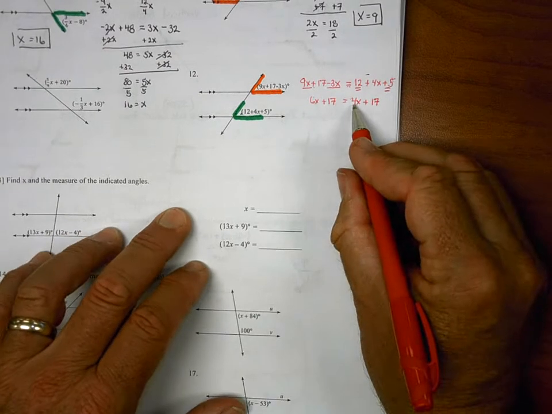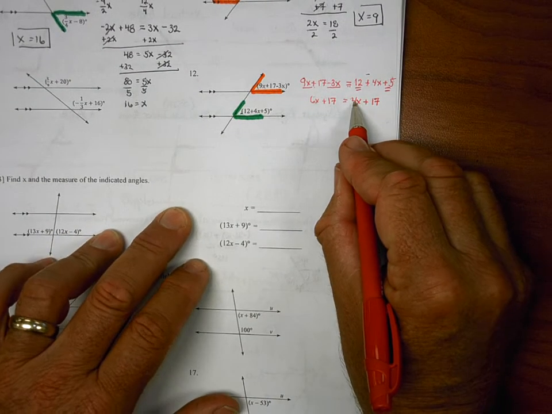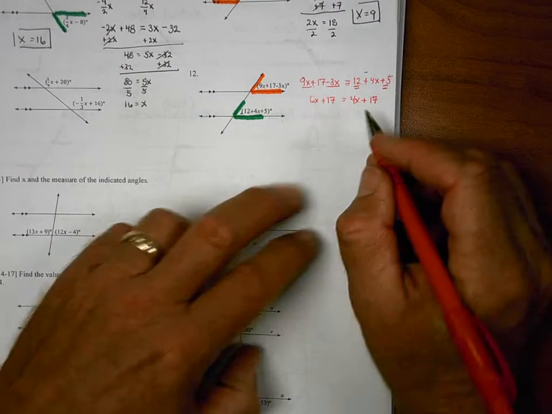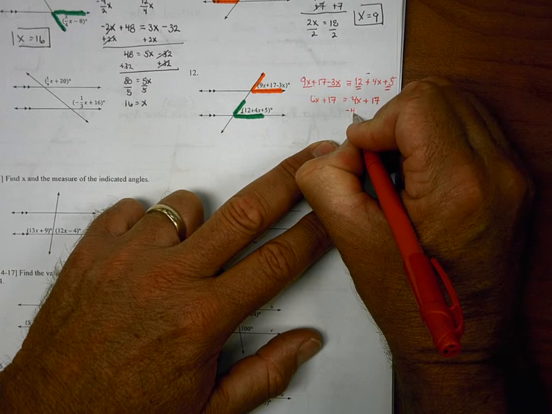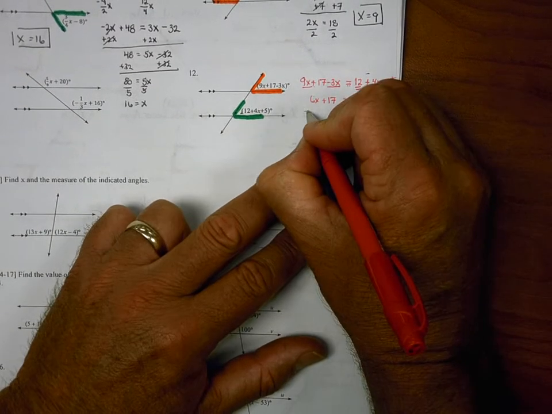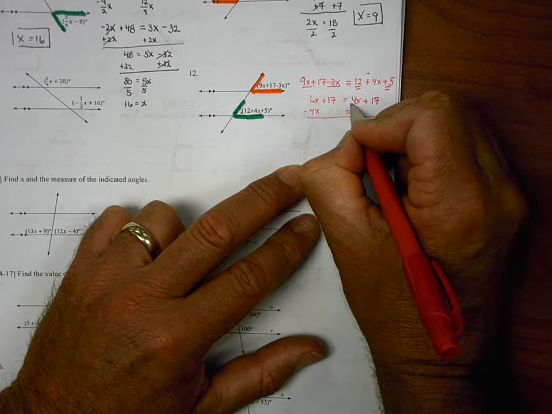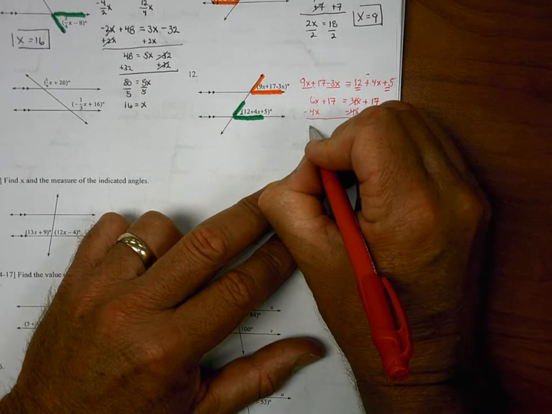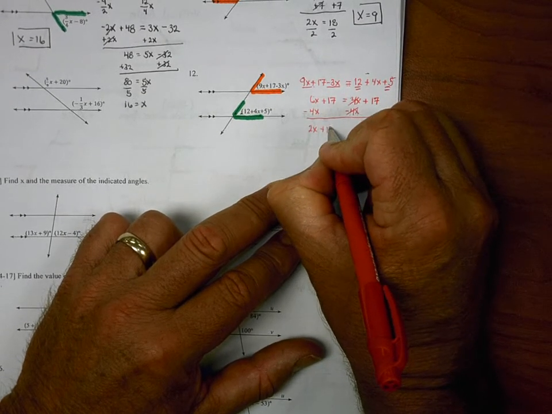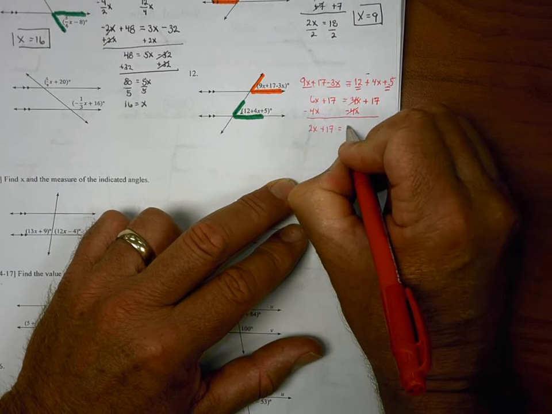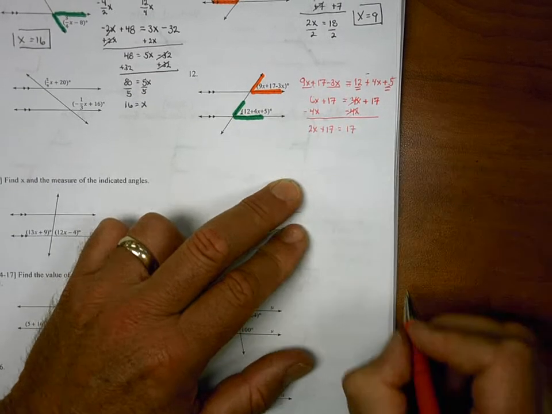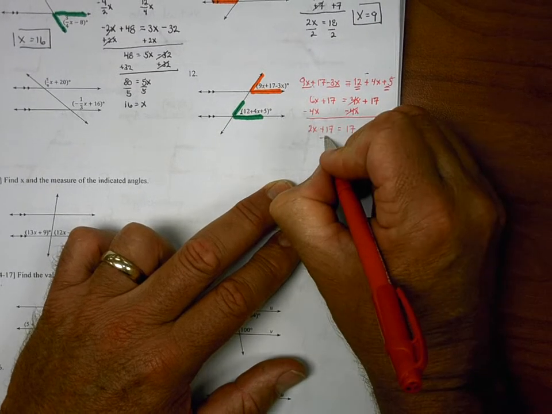Okay, now because there's 4x's on the right, and that's smaller than 6x, I'm going to eliminate the positive 4x's by subtracting 4x's from both sides. Those 4x's would cancel, and my new equation would become 2x plus 17 is equal to 17. Okay, now my next step is I'm going to subtract 17 from both sides.